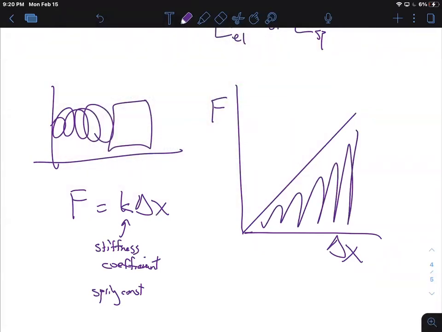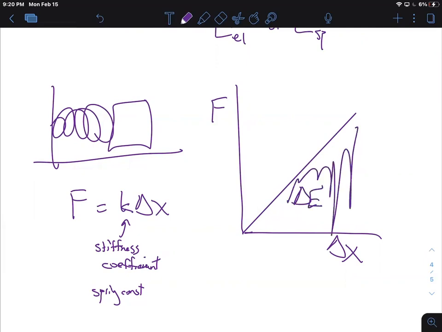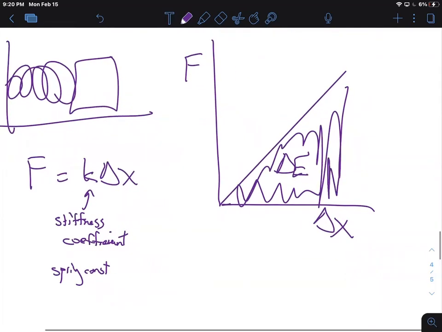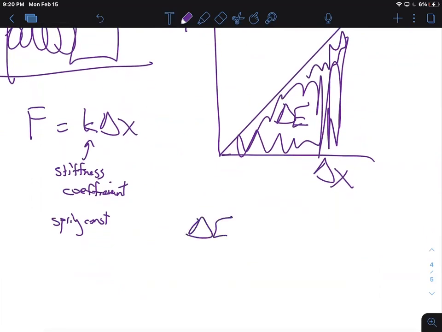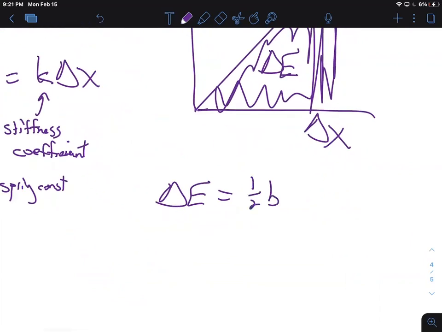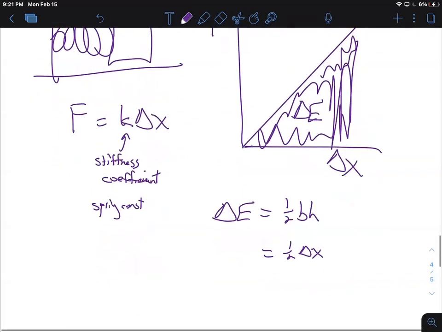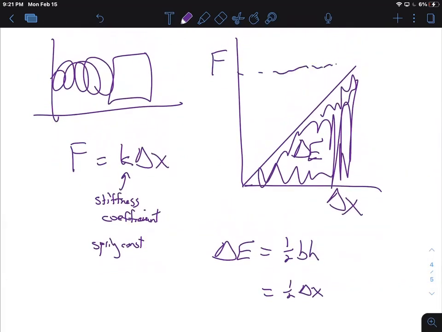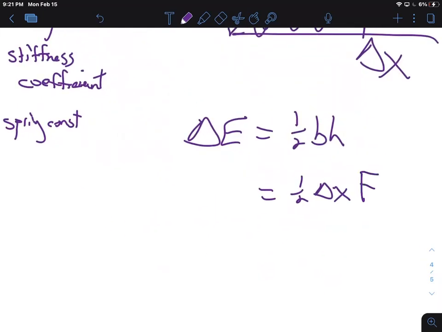Work is the area here. So our change in energy, or our work, you'll notice me using those interchangeably because work just means the change in energy, is just the area of this triangle. So we have a triangle instead of a rectangle. That complicates things slightly. 1/2 base times height. Well, our base is the displacement, and our height is whatever our final force is, F.